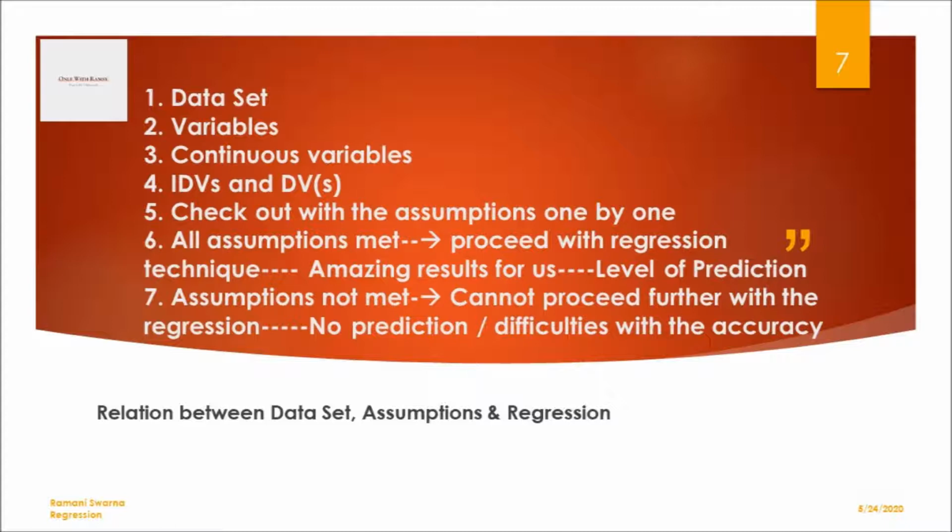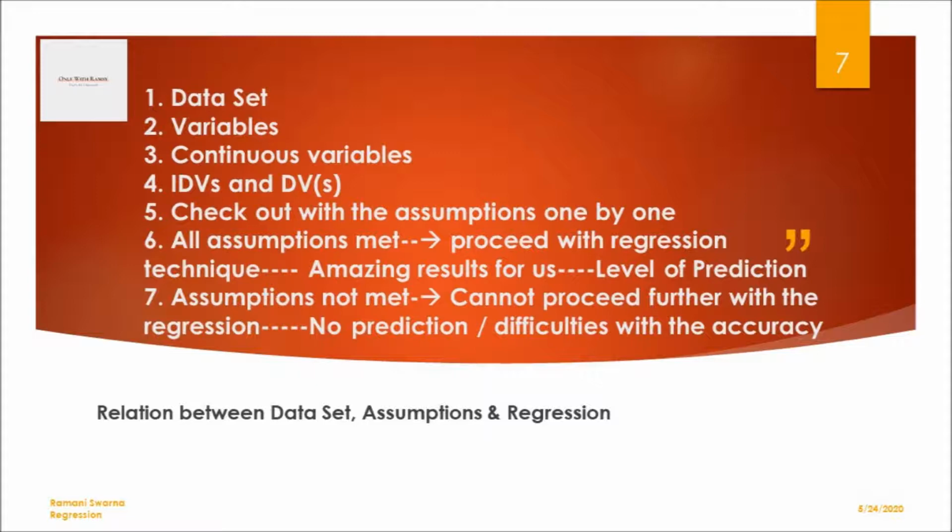So we will see what these assumptions are and how to understand them, looking at our own data set side by side. Now, given this, how is the flow that I need to proceed further? Remember, these are exactly the points, and these are now glued in my brain.